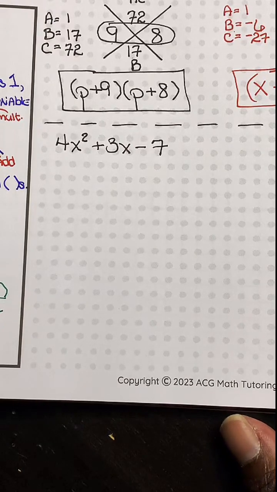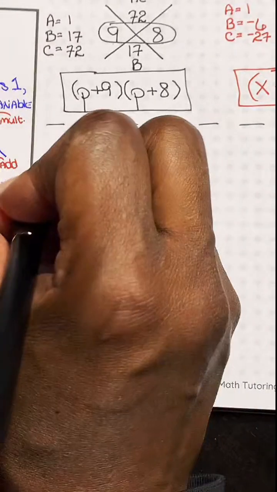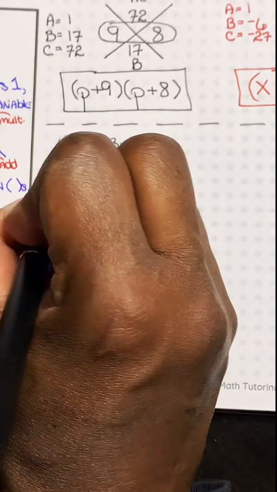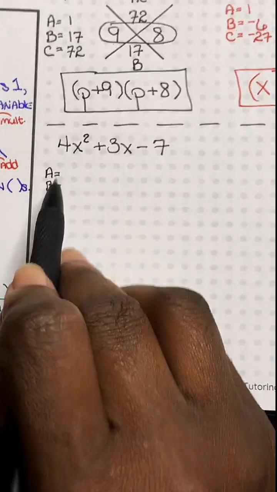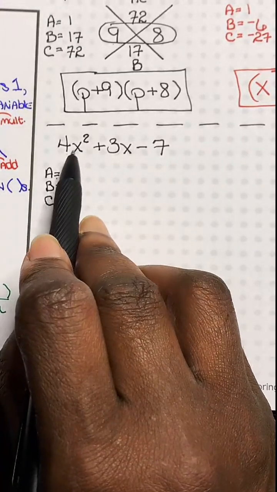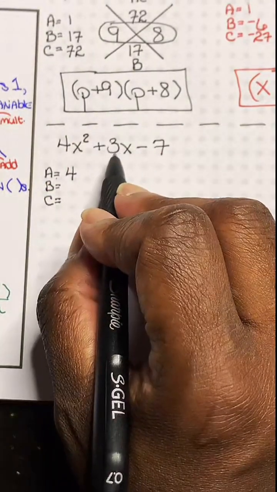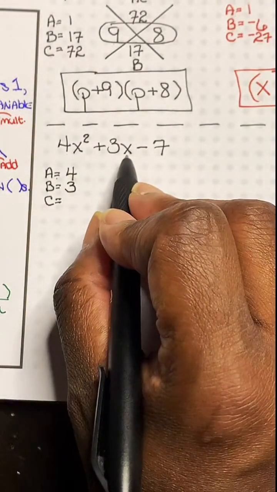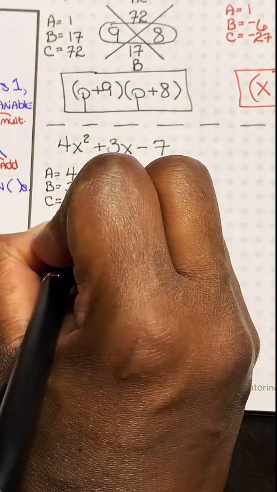All right, so now still figuring out our A, our B, and our C. That hasn't changed. My A is the coefficient in front of the x squared, so that's 4. My B is the 3, because that's the coefficient in front of the x. And my C is the constant, which is a negative 7.